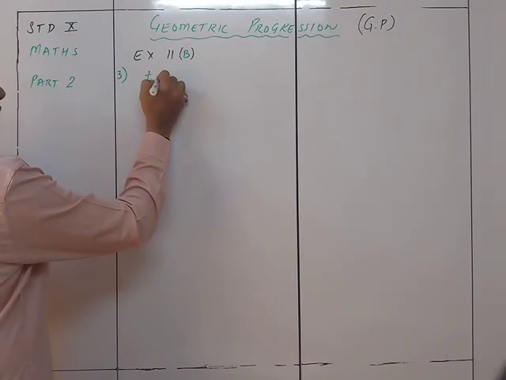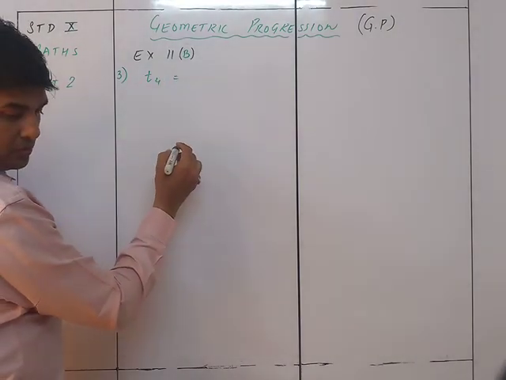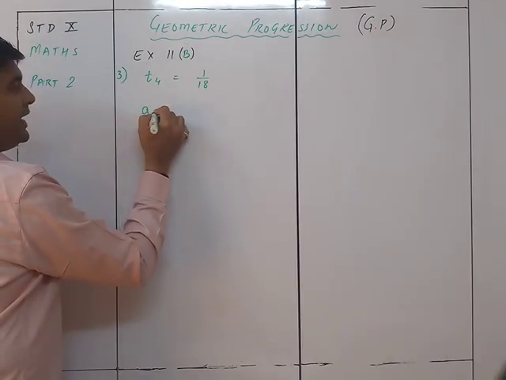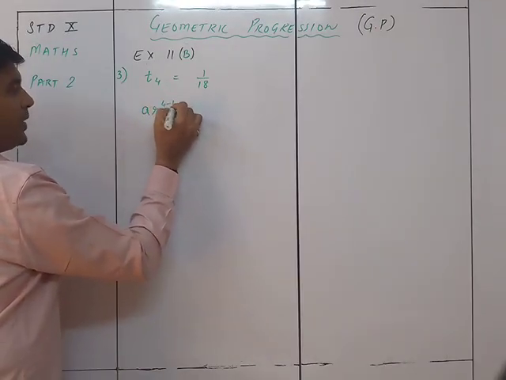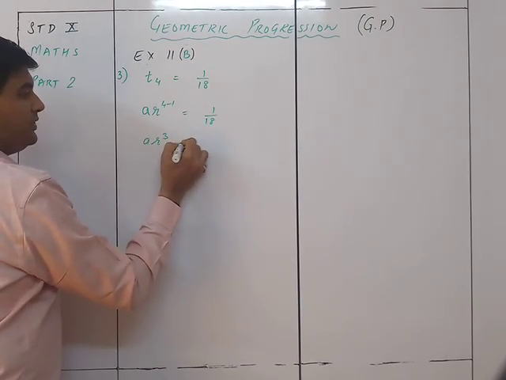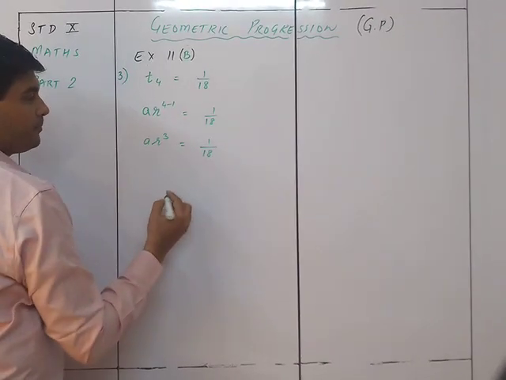So T4 is equal to 1 upon 18. So it can be given that a r raised to 4 minus 1 is equal to 1 upon 18, or a r cube is equal to 1 upon 18.